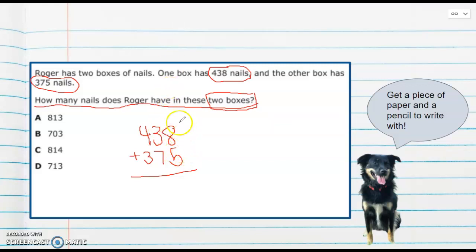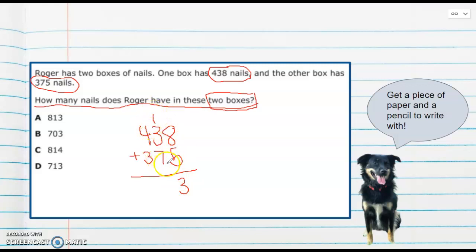8 plus 5. So we're going to start with 8, 9, 10, 11, 12, 13. Okay, so we don't just write the number 13. We put our 3 and we carry our 1. That's called regrouping. We put our 3, carry our 1.